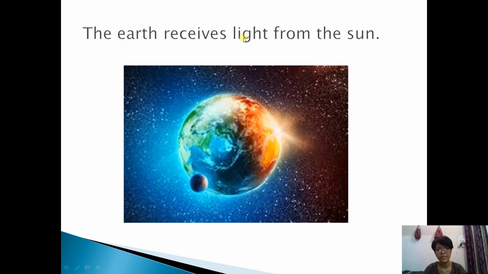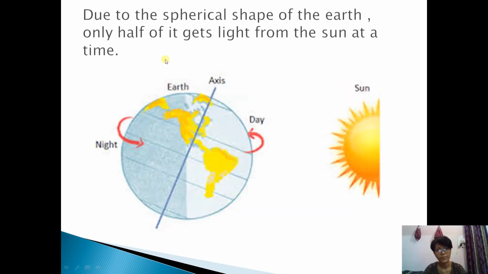The earth receives light from the sun, as all of you know every planet in the solar system gets light from the sun. Due to the spherical shape of the earth, only half of it gets light from the sun at a time.